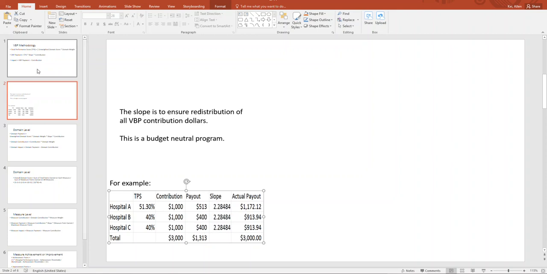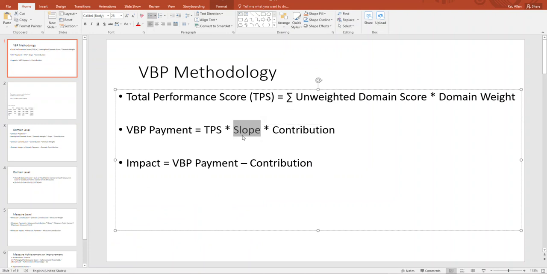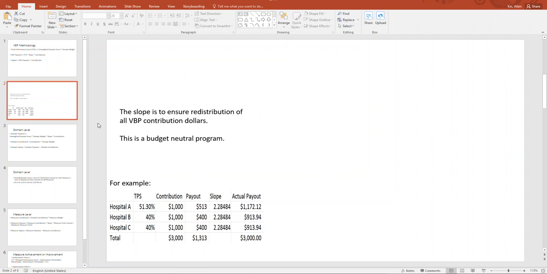Now you multiply by the slope, which is calculated after the program collects from all hospitals, and then they generate a slope to adjust the payment. So the program will actually pay different hospitals after the adjustment. Even though the hospital contributes $1,000 to this program, the program is actually paying $1,172 back to hospital A.